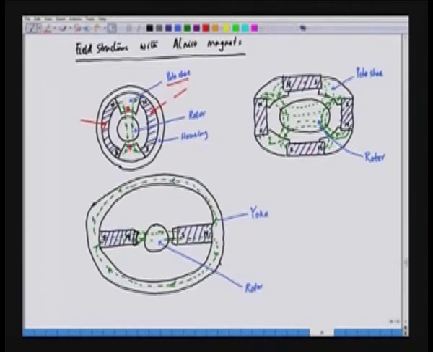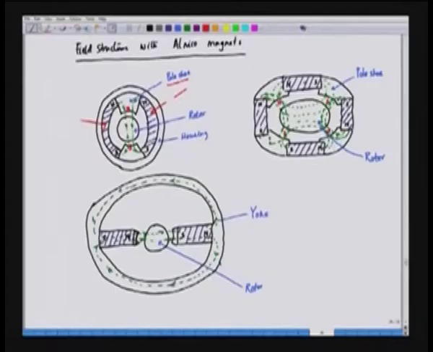This is the north pole which is produced by these 2 north poles, and here we have the south pole, and then we again have a north pole here, and again a south pole here. So, this is an example of alnico magnets resulting in a 4 pole structure.